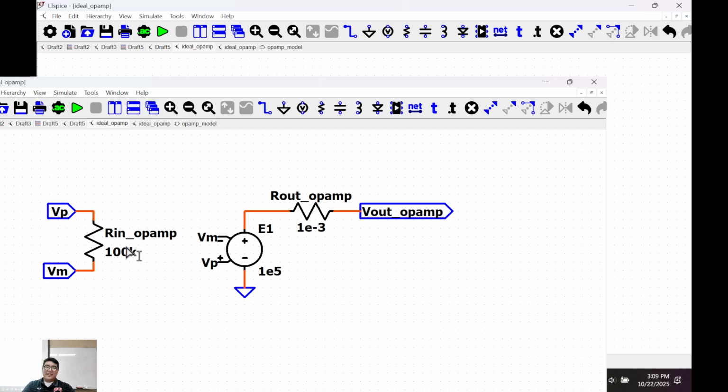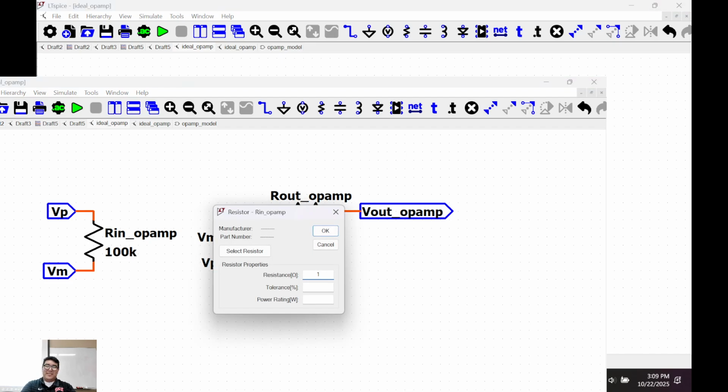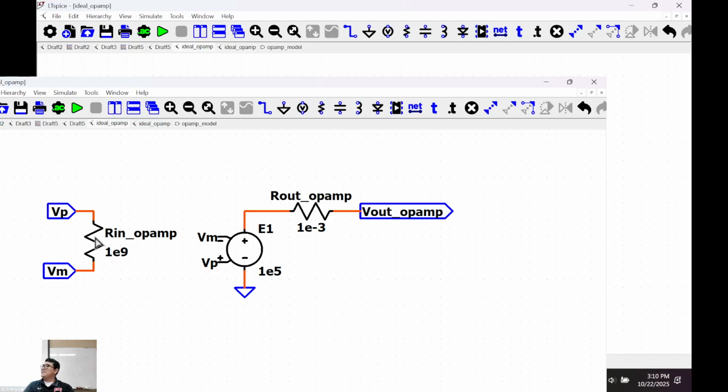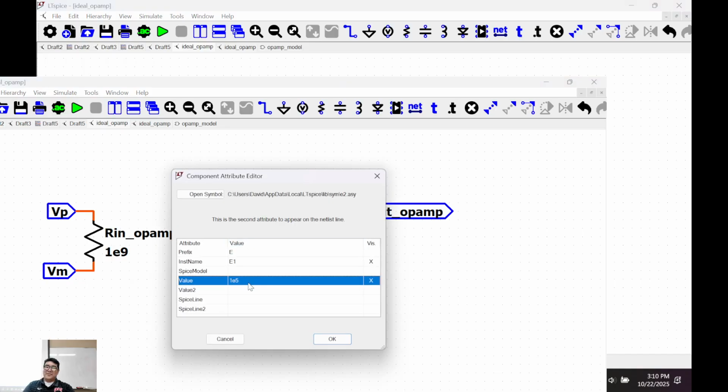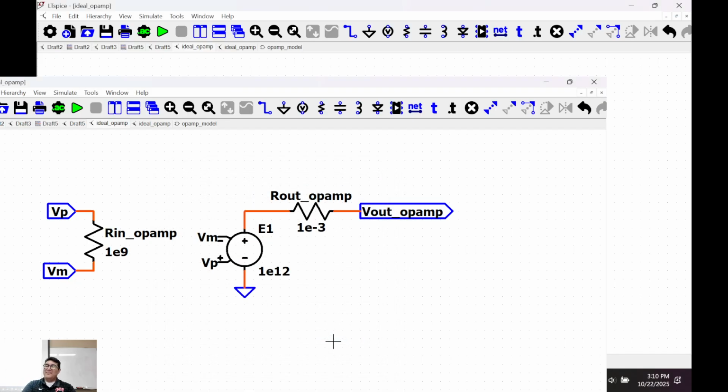Then the input resistance here has to be 1 gig, or 1E9, and our gain here is going to be 1E12, very high gain. That's 1 tera, because 9 is giga and 12 is tera. I'm just stopping at 12. Is that good? We're going to call this our ideal op amp.